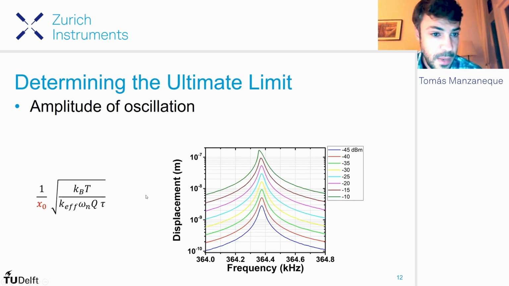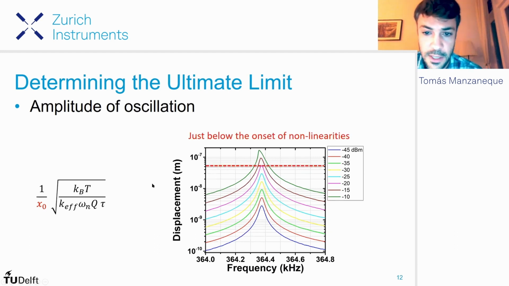To minimize the Allan deviation, we excite the resonator at the highest displacement possible before reaching the nonlinear regime, just below the onset of these nonlinearities. So we have all the parameters that we need. Now we can calculate our ultimate limit.